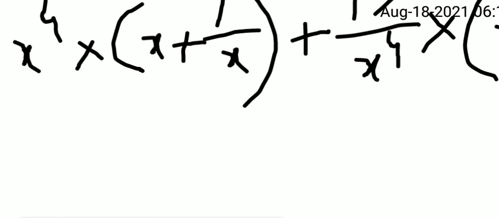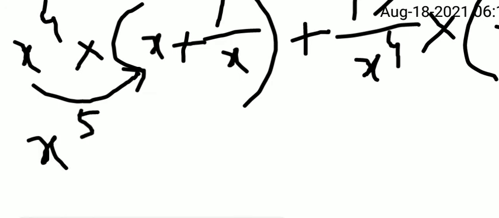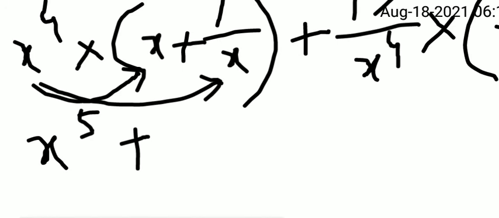So now multiply x to the power 4 with x, it will give you x to the power 5. Plus, when you multiply x to the power 4 with 1 by x, you get x to the power 4 by x, which means x cube.